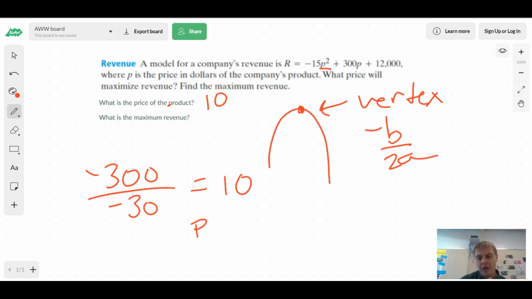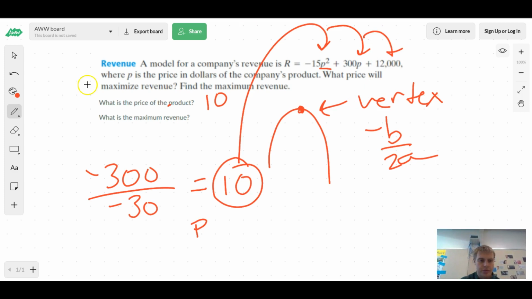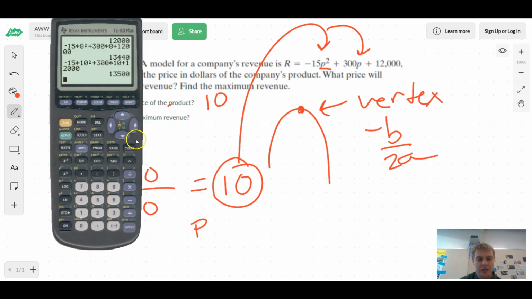And now you have to find a y value. So finding a y value means we take this and we plug that in for our different p values. So you just plug it in for your different p values. I like to use a calculator to do this.